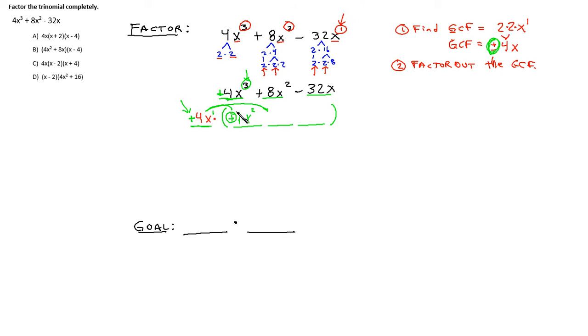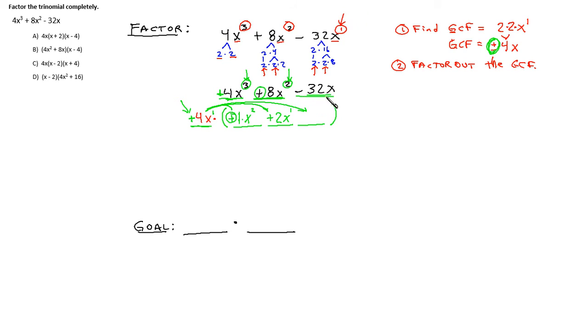Positive times what to make this term come back? Positive times positive to make positive. 4 times 2 to make 8. X to the first, well, we're trying to make x to the second come back, so we need another x in this middle term. And sure enough, it all works out. X to the first times x to the first adds up to x to the second when we do the product rule for exponents.